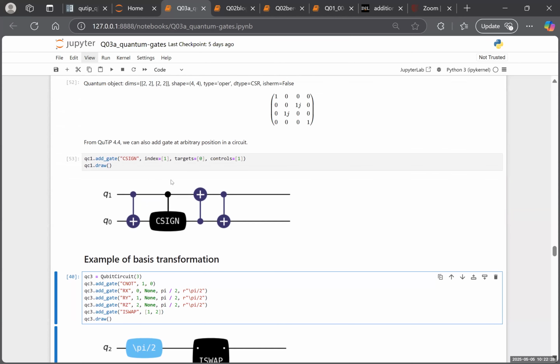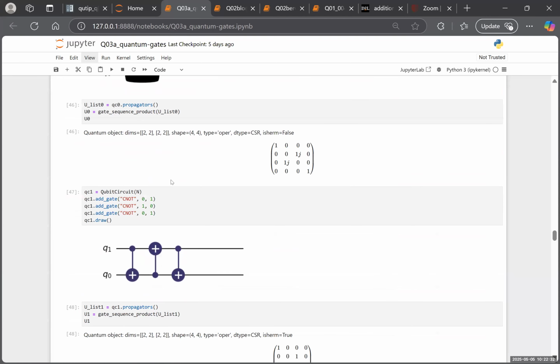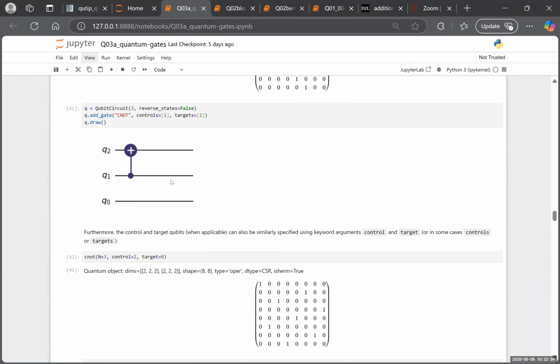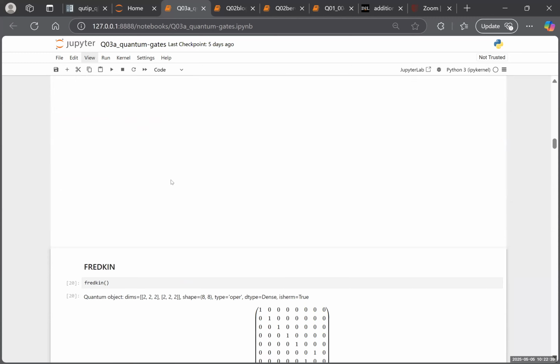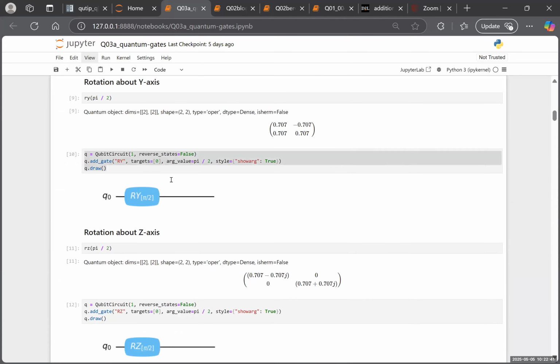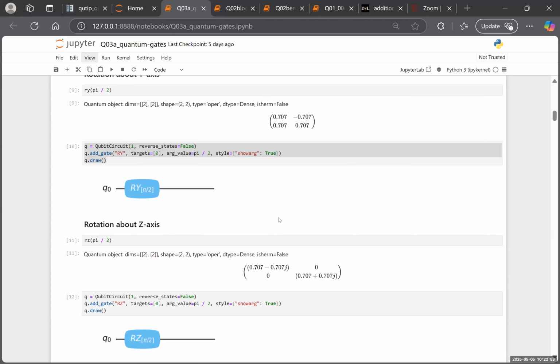Previously it was showing RX and RY here, right? So it should be arg value. Let's just fix that and see if we get the plot drawn nicely.